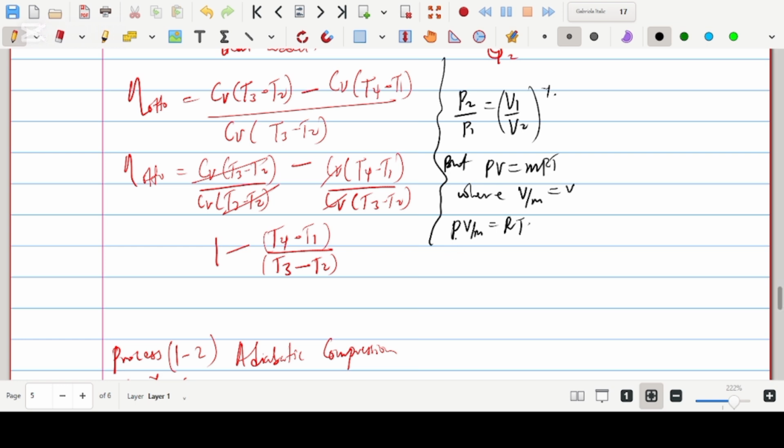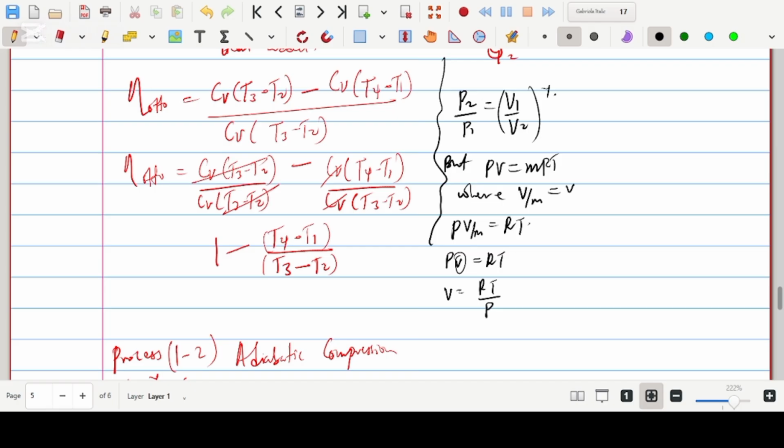You understand now? So if you make v the subject of the formula, I'll have v equals RT over P.